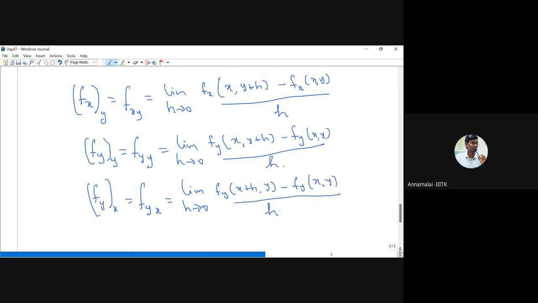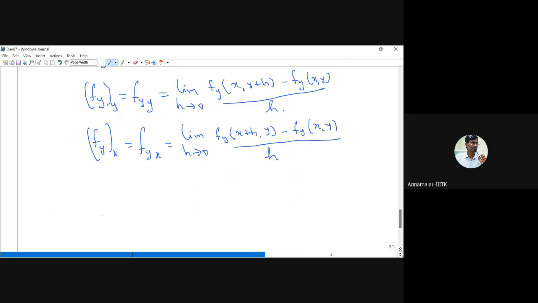In general, fxy and fyx need not be equal. So in general, the derivative xy is not equal to the derivative yx. Okay, it's a very important thing.